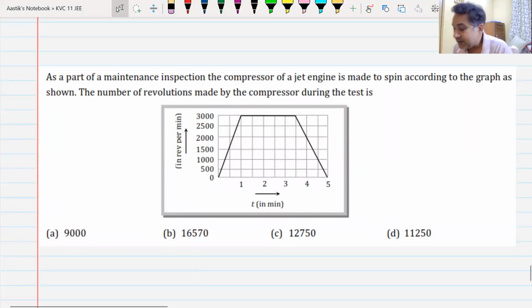As a part of maintenance inspection, and if you become engineers, you will be doing a lot of maintenance inspection. The compressor of a jet engine is made to spin according to the graph as shown in the figure. The number of revolutions per minute made by the compressor during the test is how much? How many revolutions is it making during the test?